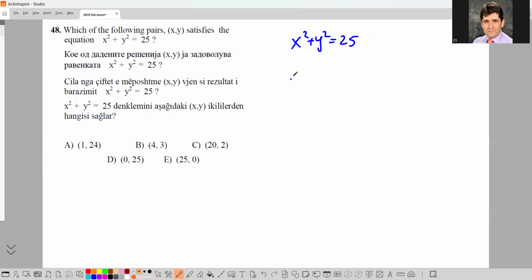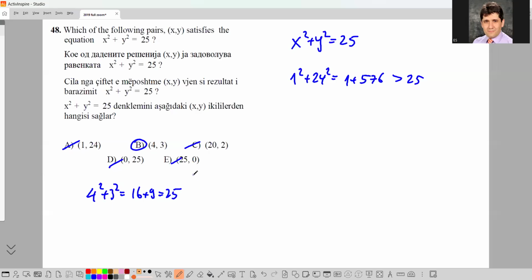If you test 1 squared plus 24 squared, that would be 1 plus 576, which is way more than 25, right? So if you test all of these, this won't work because it's a famous case. It's under B, so 4 squared plus 3 squared, that's 16, plus 9, that is 25.